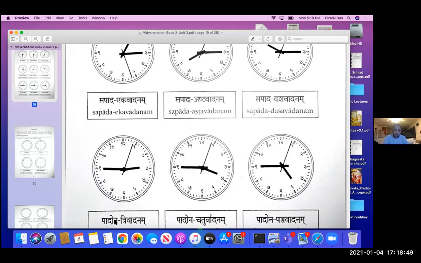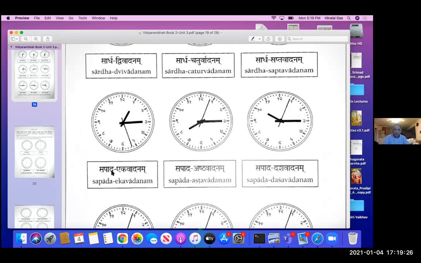In this case, we say Trivadanam, but the short hand should be between 2 and 3, closer to 3, but not exactly 3, because when the long hand goes to 12, then the short hand will move to 3, that's 3 o'clock. So this is Padon Trivadanam, meaning 15 minutes less than 3, so it's 2:45 in English. You have to remember the position of the long hand at least at this point, then you can make it out.